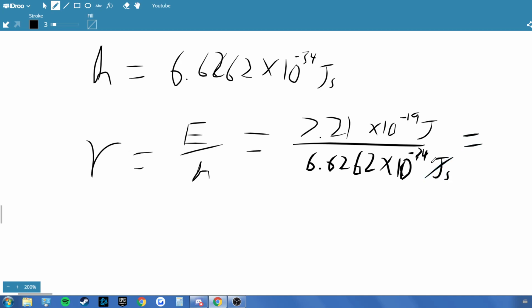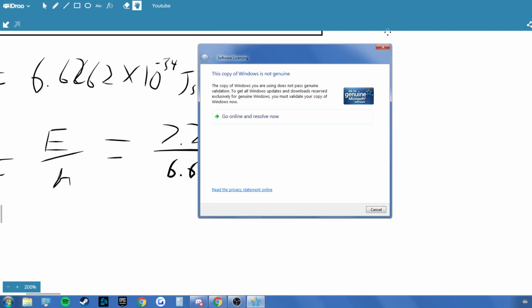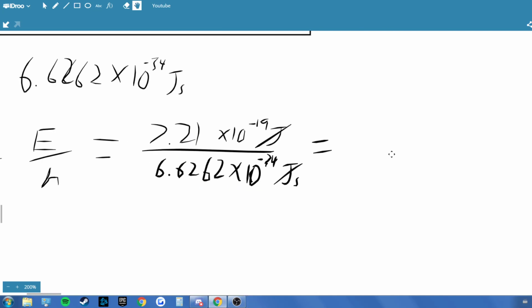So the joules will cancel out, leaving us with seconds on the bottom, which is the same as hertz, which is good because we're looking for frequency. So now we just put this in, and it gives us 1.09 times 10 exponent 15 hertz.